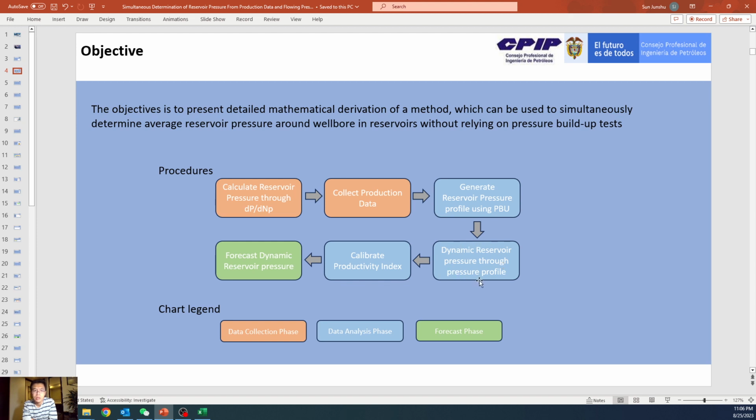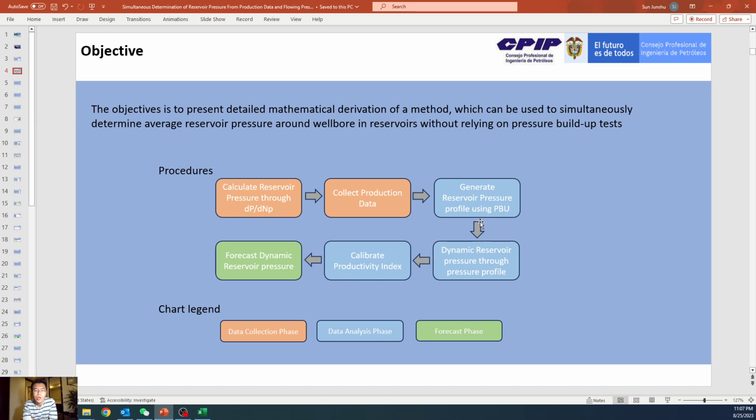To get the initial average reservoir pressure near the wellbores for other wells, we calculate productivity using the initial pressure, then calibrate the productivity index by the delta P per delta cumulative fluid. In this way, we found a representative PI for each well.